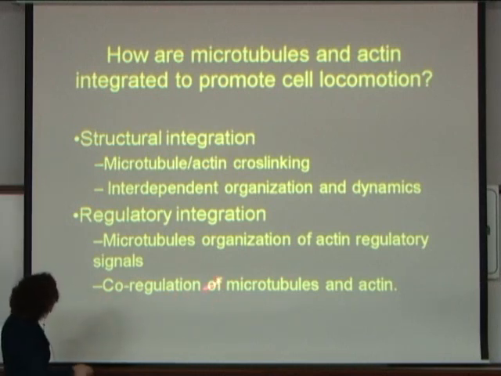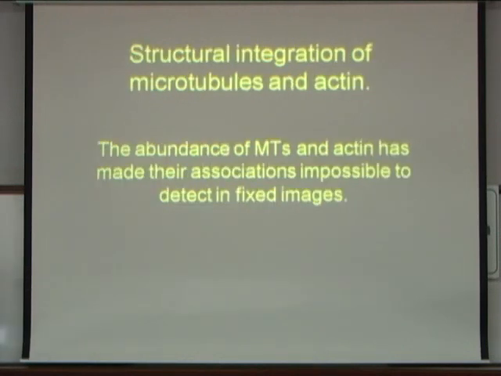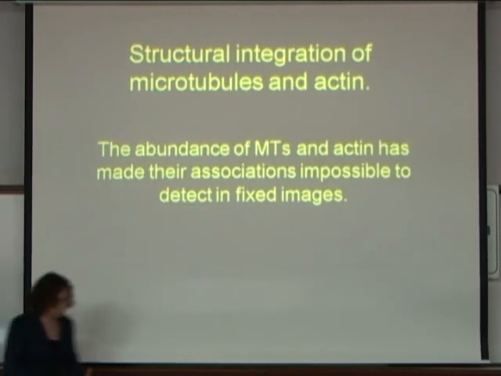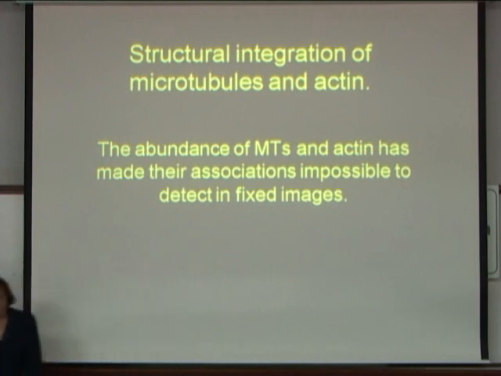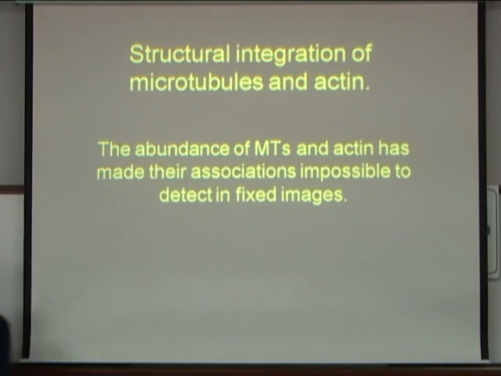Alternatively, there could be some kind of co-regulation of the actin and microtubules. So basically, we've been trying to test these hypotheses over the past 8 years and have evidence that both of these things are going on in cells. So why is it that we've known about microtubules and actin for 50 years, but nobody knows if they stick to each other or not?